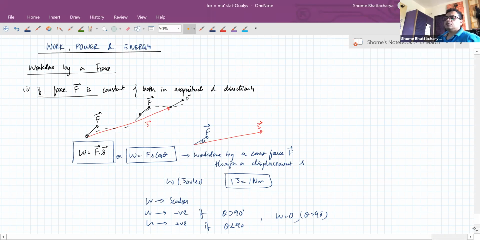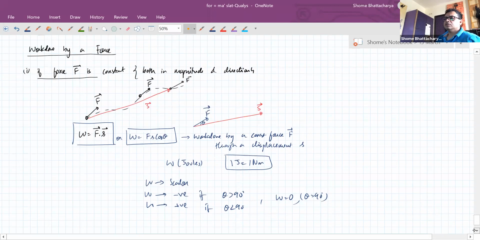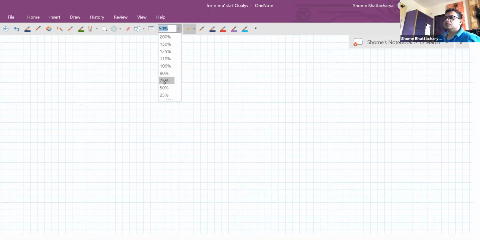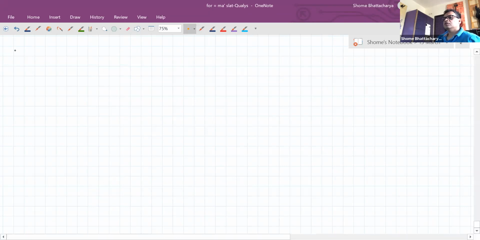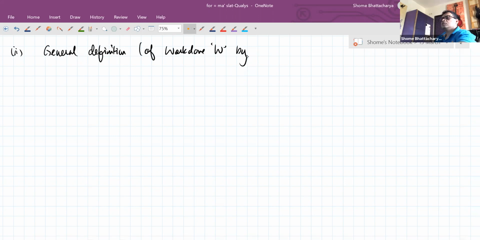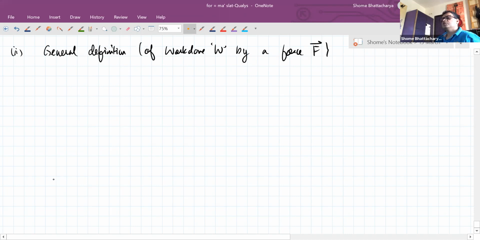But now the more complex and more general definition: what if the force is not constant? What if the force is continuously varying? So suppose force acting on a particle makes it move along some path like this, from an initial position to some final position.